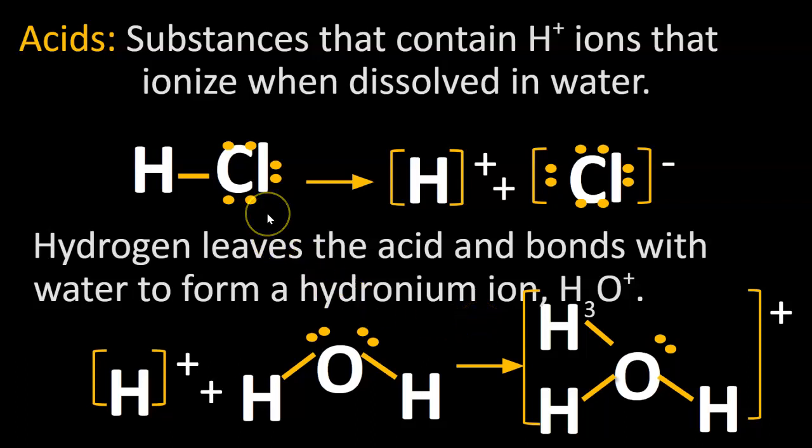You can tell an acid because acids donate hydrogen, okay? So this was our hydrochloric acid. It donated its hydrogen, bonded with the water molecule, and gave us the hydronium ion, okay? So that's how we can tell that's an acid. Typically when you're looking for an acid, you're just looking for something that has a hydrogen in it. So this hydrochloric acid, this hydrogen is being donated.